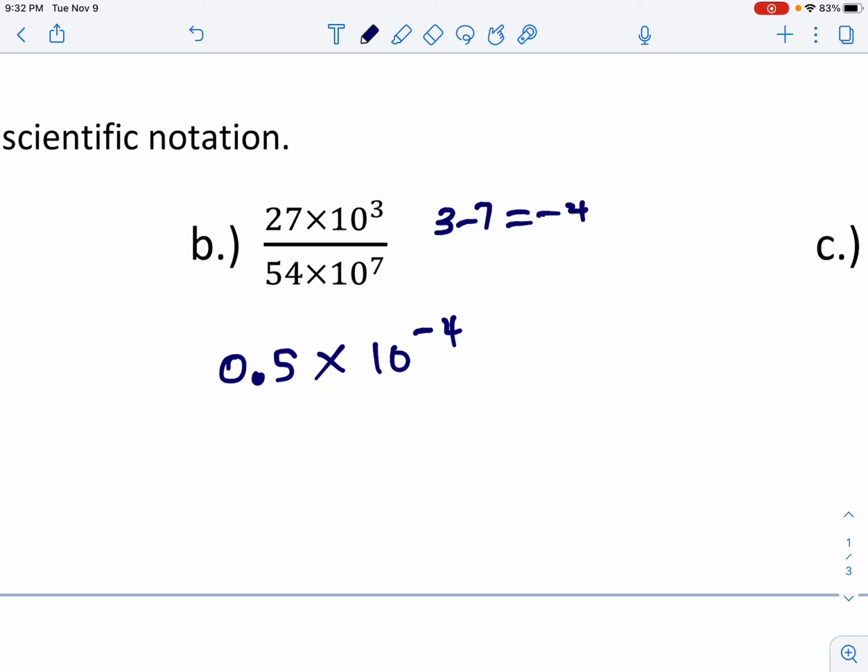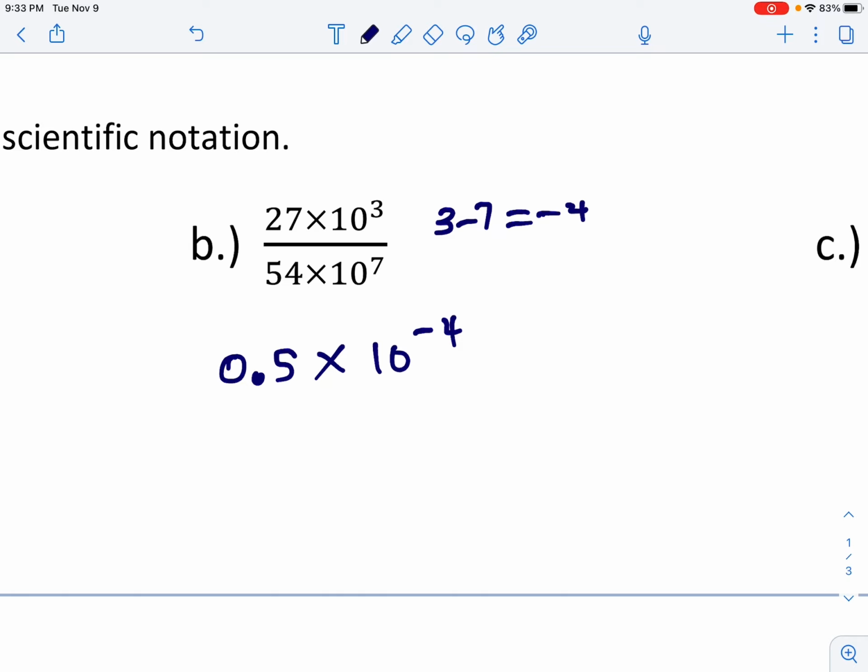It's okay to have these negative exponents. But when we're just talking about properties and we're trying to multiply or divide them or use the quotient rule and the product rule, then we have to get rid of all the negative exponents. But scientific notation allows us to have negative exponents. That just shows us that they're really, really small numbers. So we don't want to get rid of those negatives. We want to keep them.